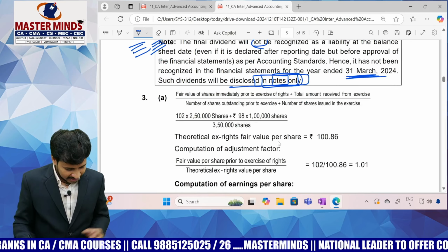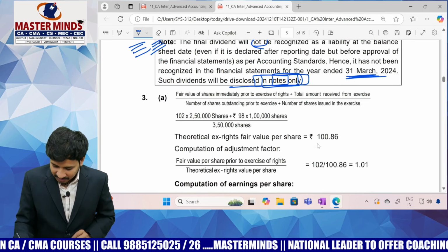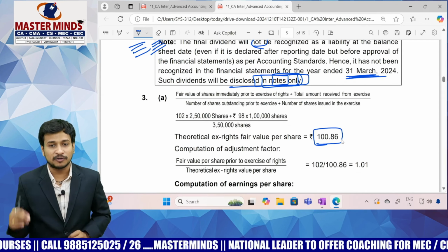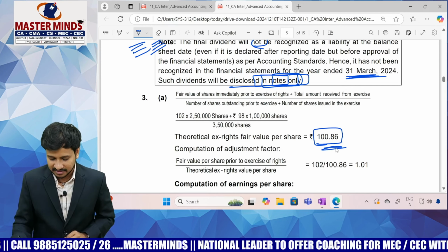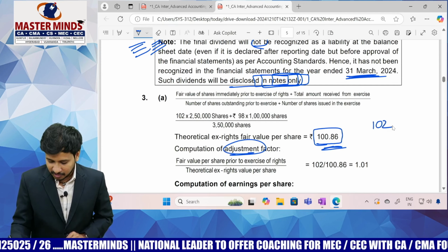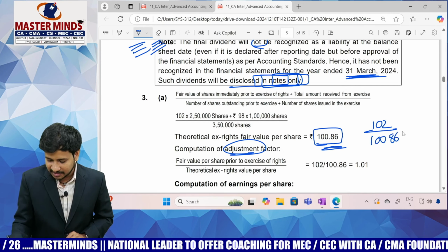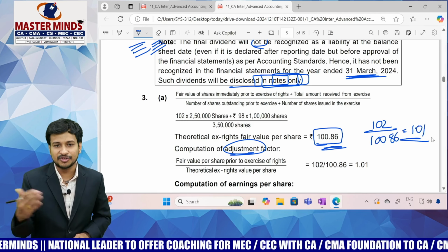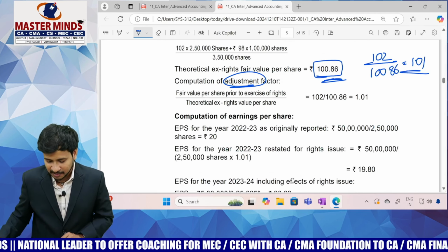So you got something like 100.8571, but as we always ask you to round off up to 2 digits in this context, so 100.86. Now immediately find an adjustment factor, which is cum-rights price 102 divided by 100.86. You are going to get 1.01, where 1 will be for consideration and 0.01 can be computed as bonus.